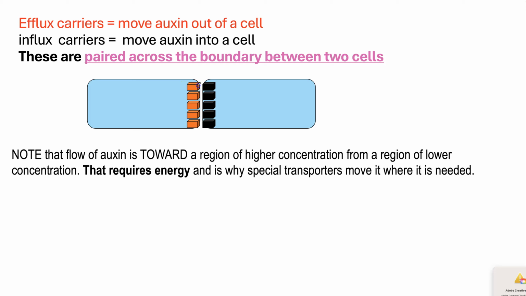So what you've got are these special transporters, where the efflux ones move the auxin out, and then the paired ones on the other side pick it up and transport it into the cell. And that requires energy because you're moving it against its concentration gradient. If you were just going to let it diffuse, it would want to go from the region of higher to lower concentration, right? So that's how we can tell it's an energy requiring process.